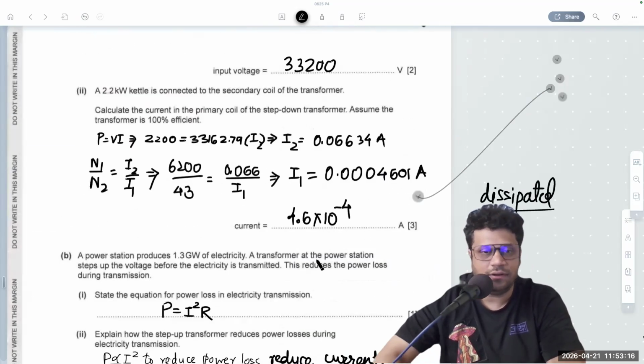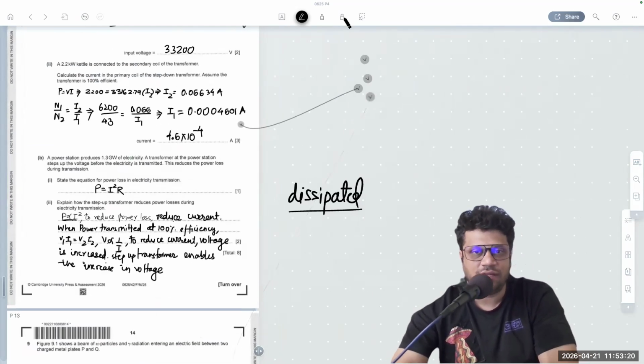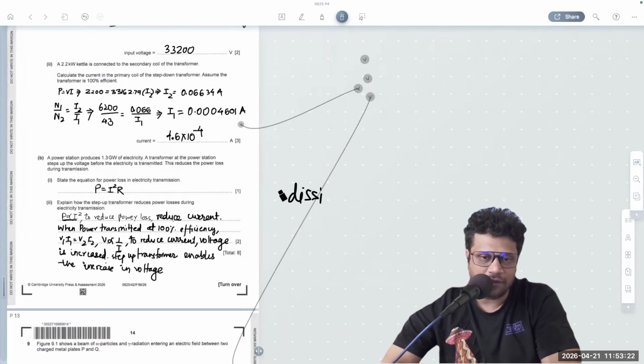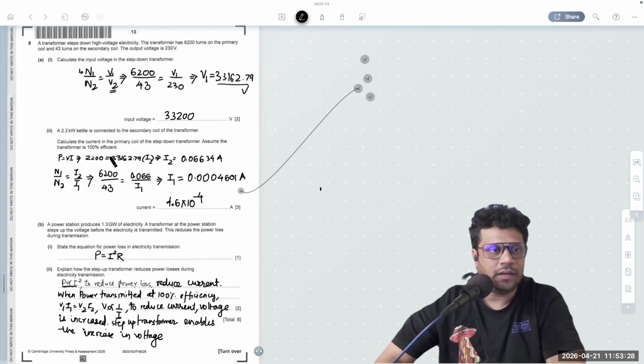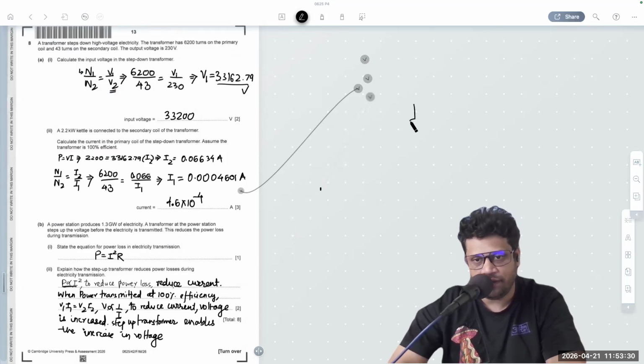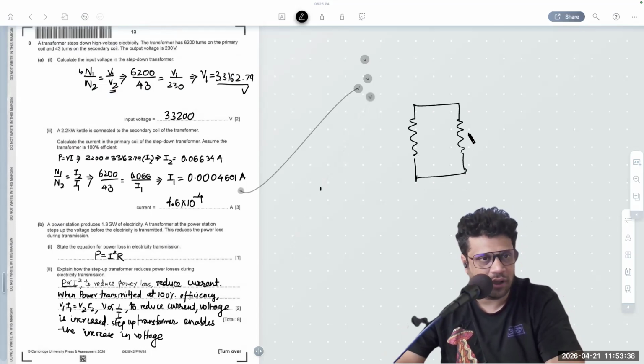And the third mistake, this is a transformer question. I would like to explain this with a little bit of a diagram, and it'll help. In this question, there's a transformer with the primary coil and the secondary coil, and you have 230 volts of output on the secondary coil.